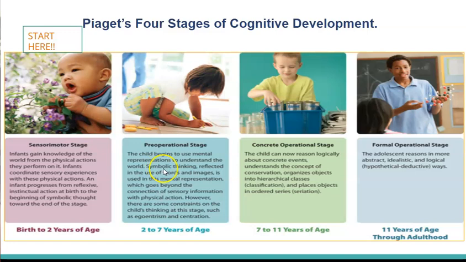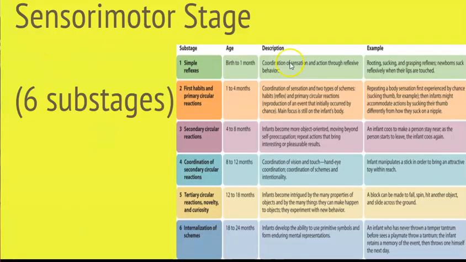What we are going to talk about today in this section is the sensory motor stage, which is from birth to 2 years of age. The sensory motor stage also has 6 substages, which we are going to take a deep dive into. This will help us understand cognitive development for children of this age. So let's get started.